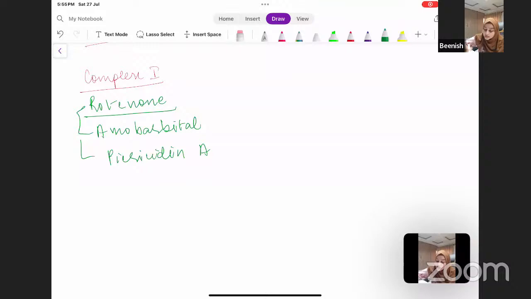They are going to inhibit complex 1. So from NADH via complex 1, the enzyme was going to coenzyme Q. Now this is inhibited.